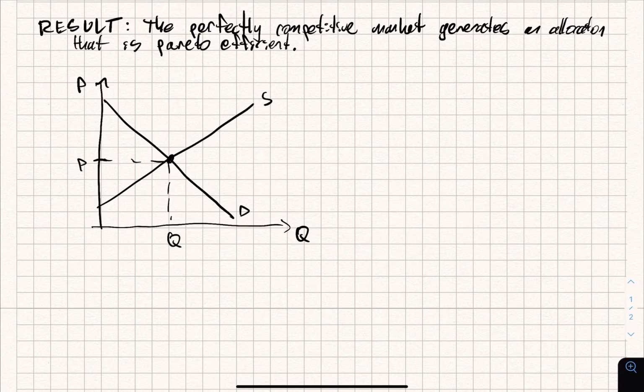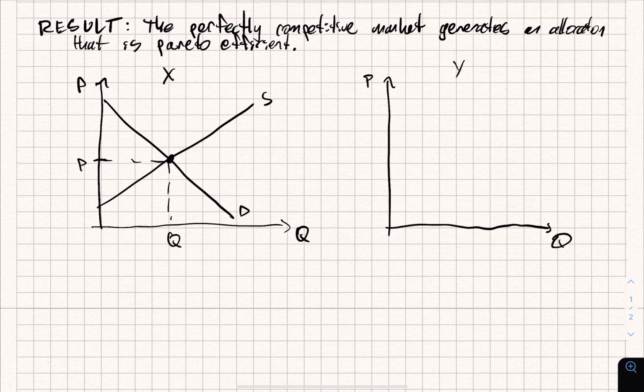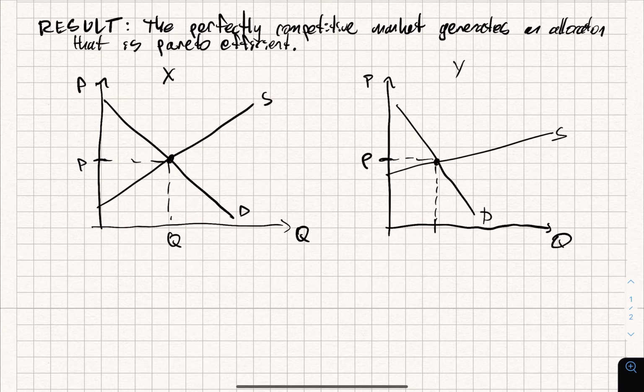But the thing is, simultaneously, there's a second market where we have prices and quantities. We have a different supply curve and a different demand curve, different prices, different quantities.